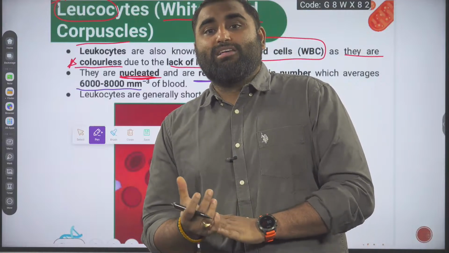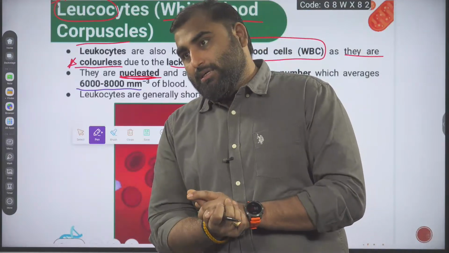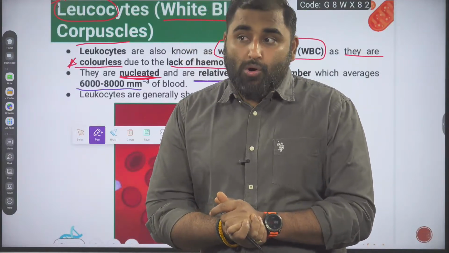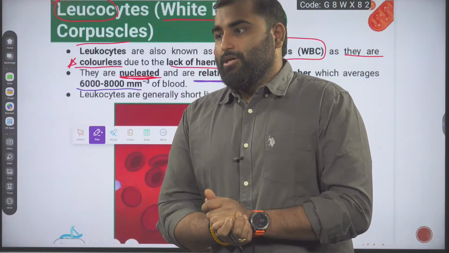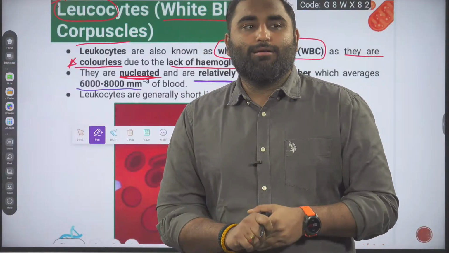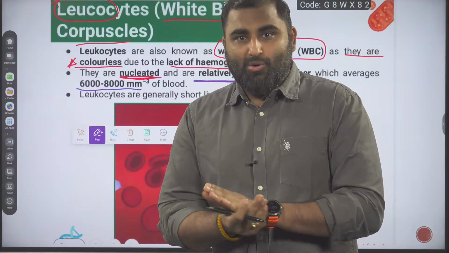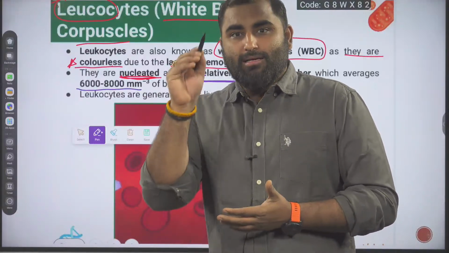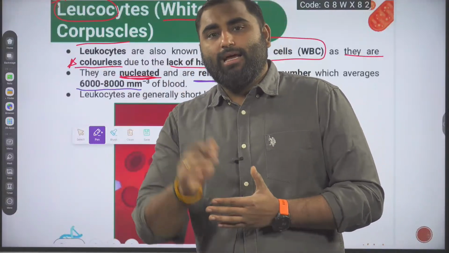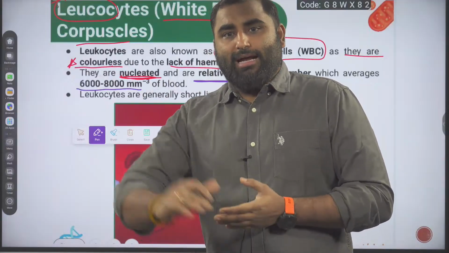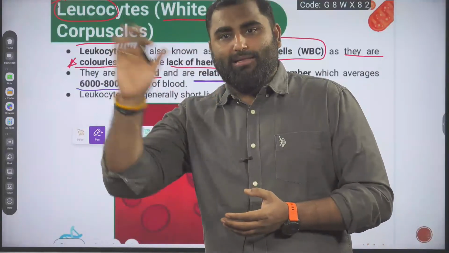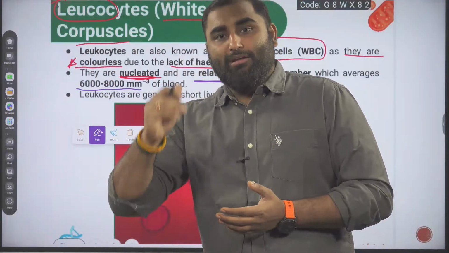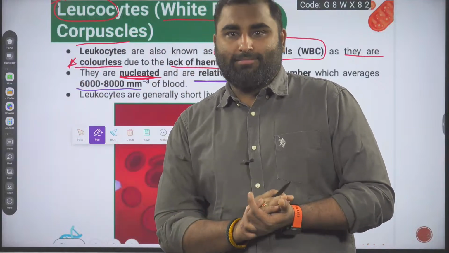That condition is called leukocytosis. So just by looking at the blood report, the blood test is called CBC, complete blood cell count. In that you will get the RBC number, the hemoglobin number, the different WBC numbers and the platelet number.